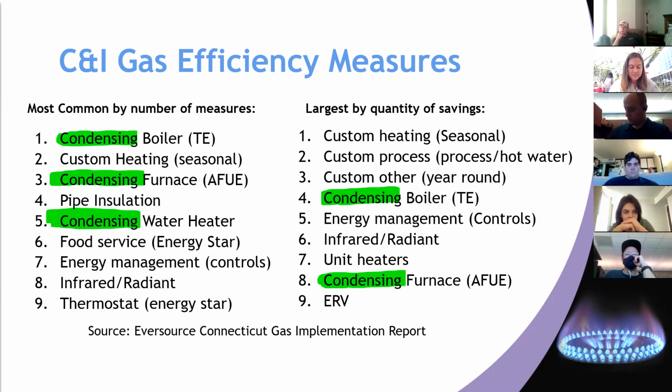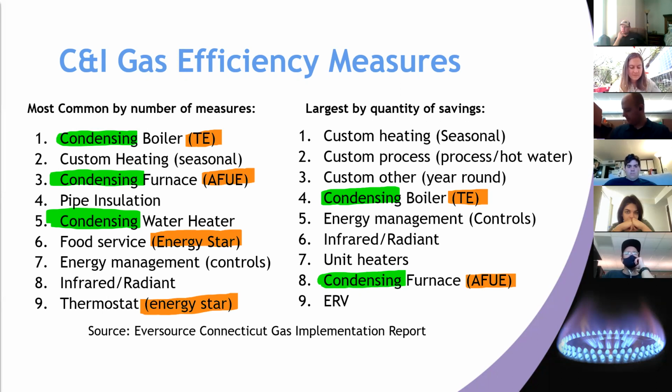The first is condensing boilers, condensing furnaces, and condensing water heaters. So we'll talk a little bit more about what it means to have condensing equipment, and why condensing equipment saves energy. We'll also talk about some of these measures of efficiency within different combustion equipment.